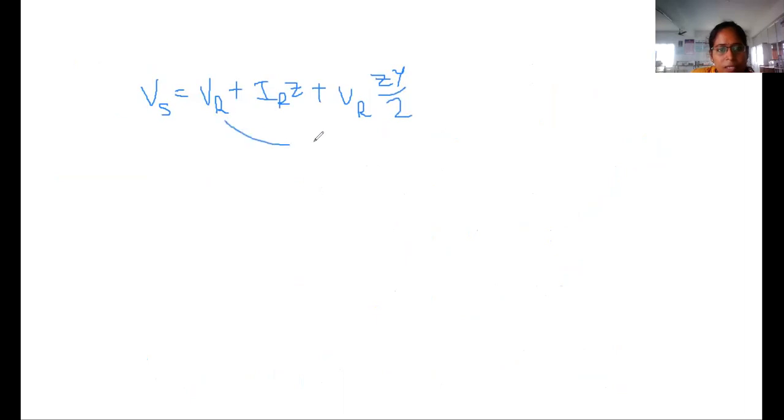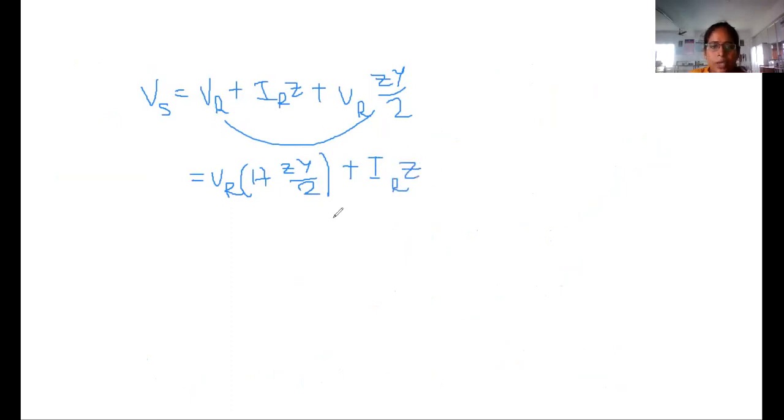VR terms are common in these two terms, so we get VR into 1 plus ZY by 2, plus IR into Z. So we can find out the Vs value. That Vs value is substituted in the IS value, and we can get the value for IS.